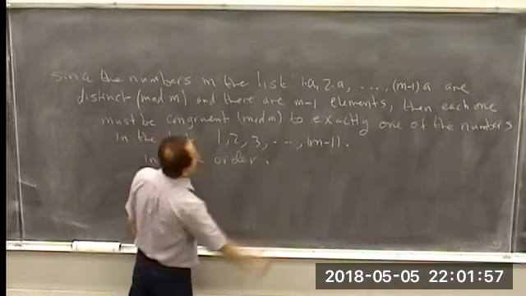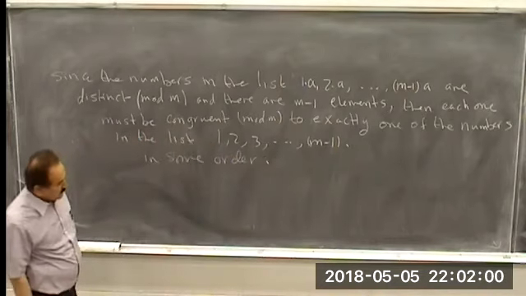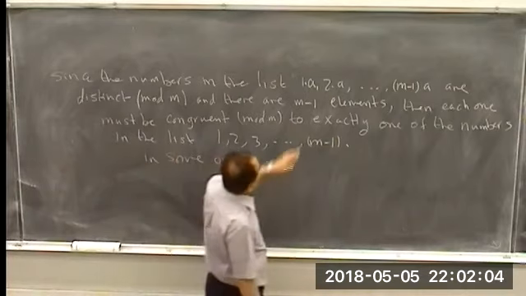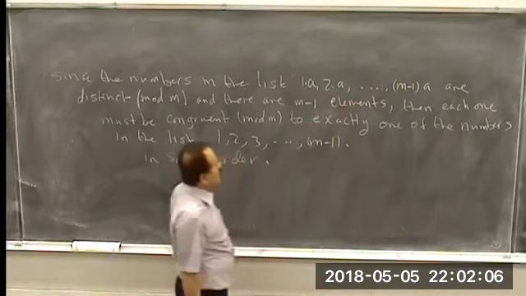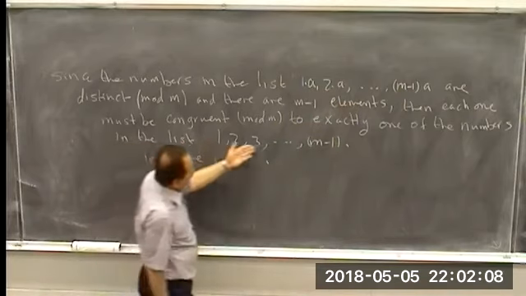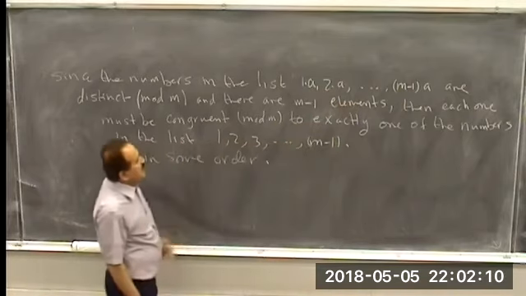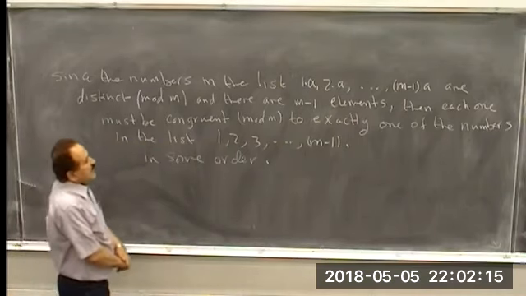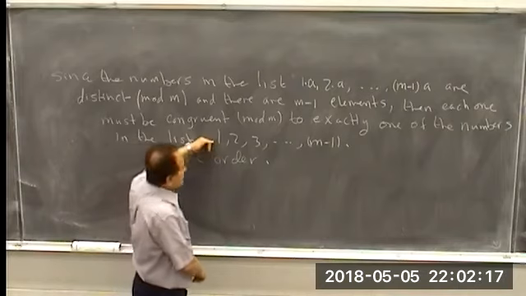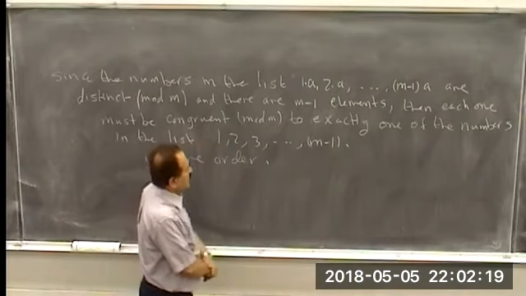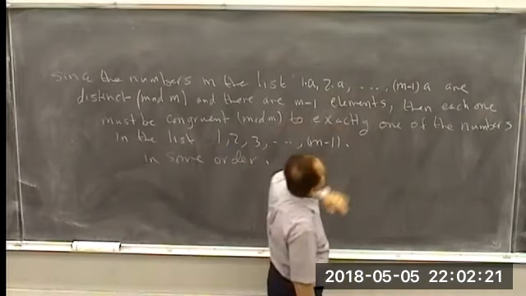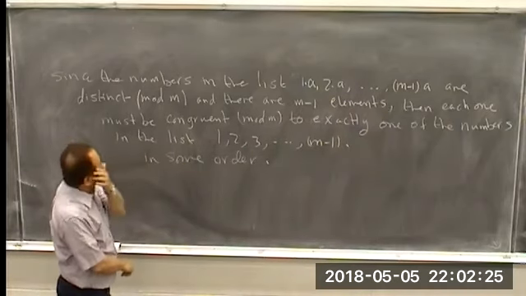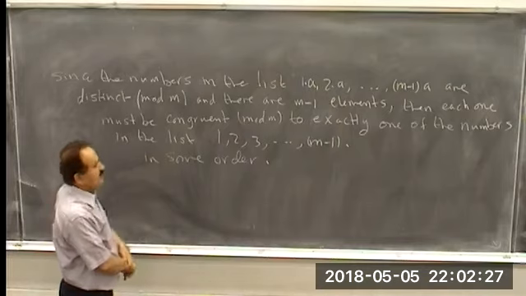And that's all we have. One more time, remember that we are using the fact that any number is going to be congruent to one and only one from this complete residue system. The only one missing from here is the 0, but we have shown that none of these is congruent to 0 mod m, and none of them are congruent to each other.